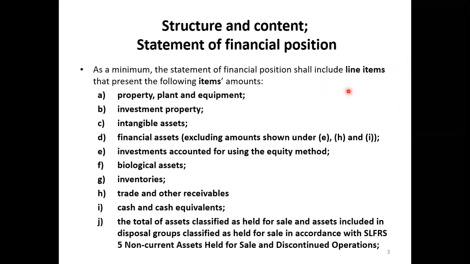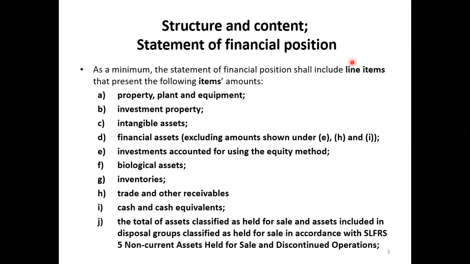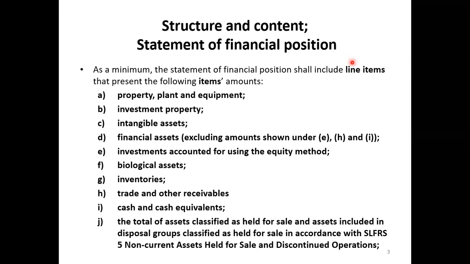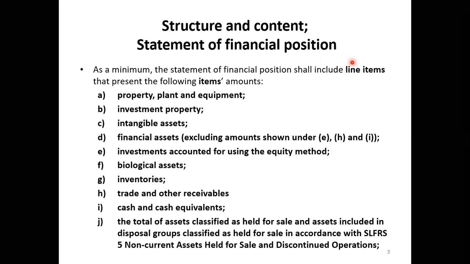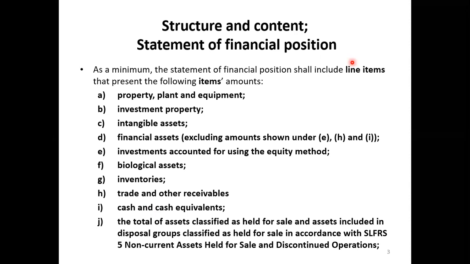Line items mean they aggregate the total. When you look at cash, you can find only cash. Inventories, we can find in a single row, a single line, right? In those inventories, there are so many varieties of items: material X, material Y, material Z, material P, iron material, right?